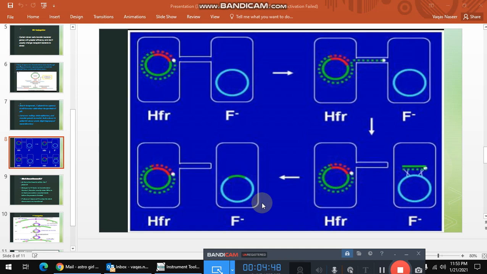Because in order to convert into an F positive bacteria, the whole chromosome must be transferred into the F negative bacteria, and that is not the case. Friends, basically, the whole chromosome takes a lot of time to transfer to another bacteria, as E. coli requires 100 minutes to transfer the whole chromosome from one bacteria to another. That's why the chain breaks in between and the F negative does not become an F positive bacteria.